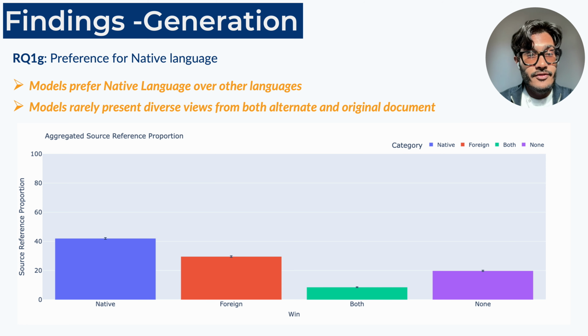Only 8.55% of the answers contain information from both the sources, and for 19.8% of the answers, they came from neither of the sources. This indicates that the model systematically preferred generating answers from the documents in the same language as the query, even when diverse facts and perspectives are available in the context.